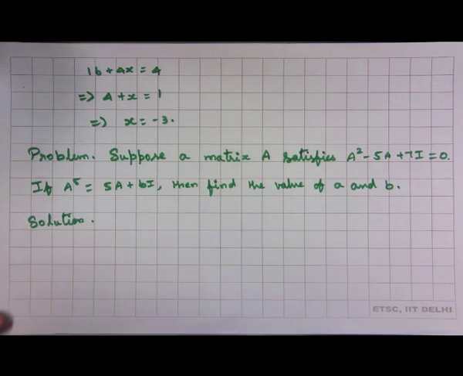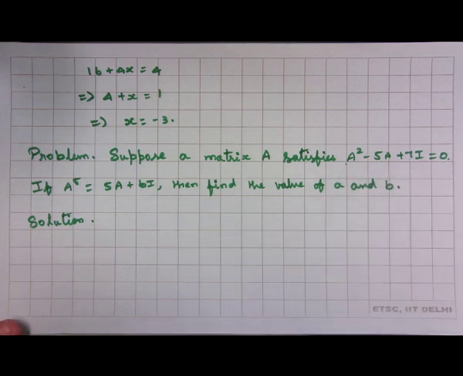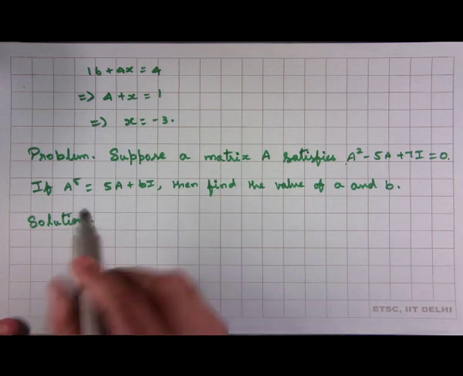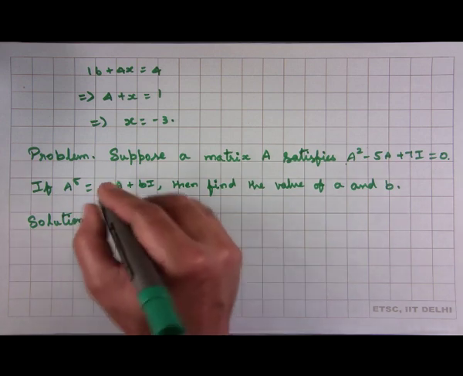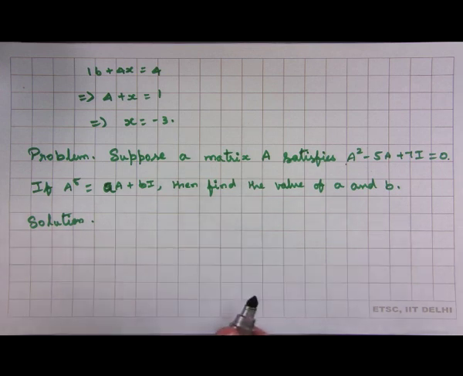Now, we are given that A squared minus 5A plus 7I is 0, and also that A to the power 5 is a times capital A plus b times the identity matrix. So, we will have to find the values of a and b.